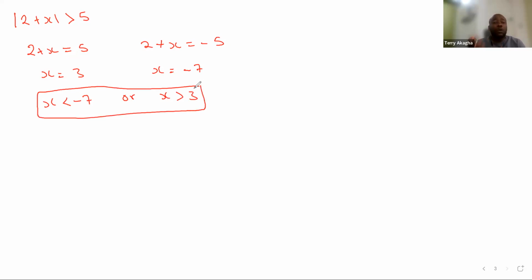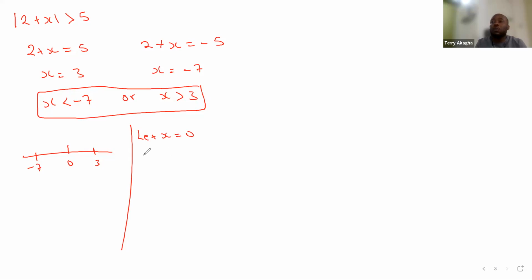Now, what you can do as well is decide to check, or you can draw it on the number line if the question asks you to. So if we have 0 here, 3 is going to be here, and minus 7 is going to be here. If you want to check with 0, you let x be equal to 0 to see if 0 is a solution.